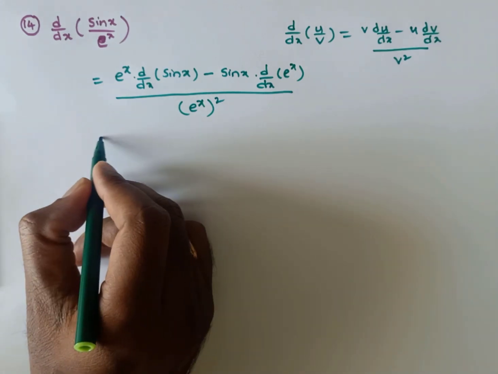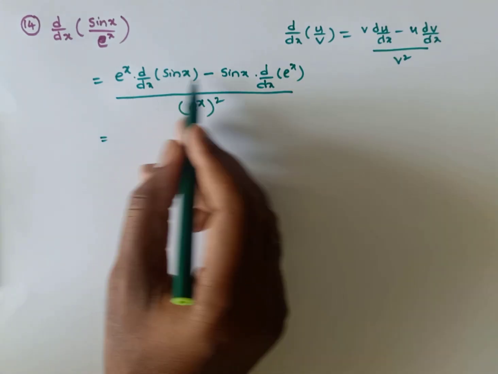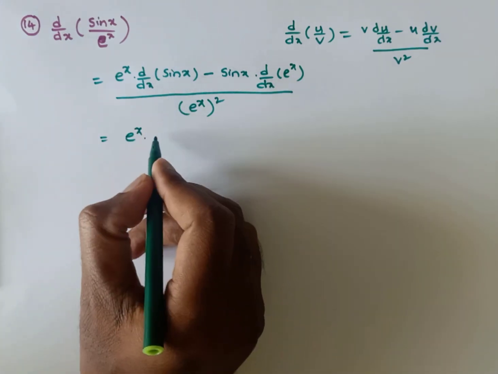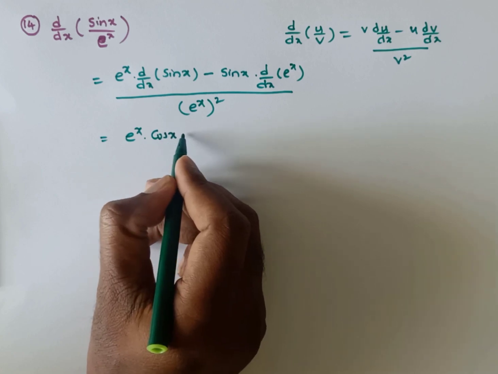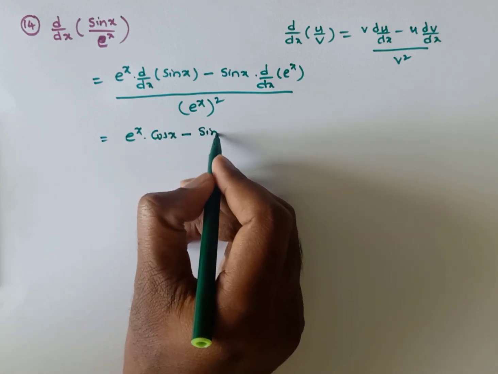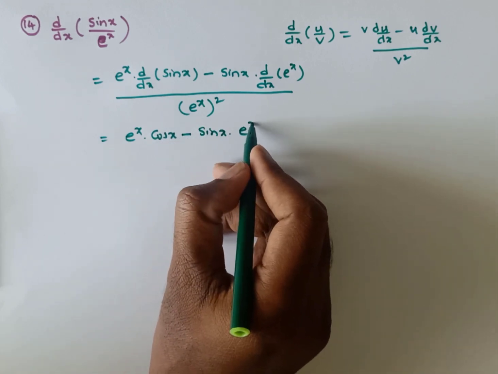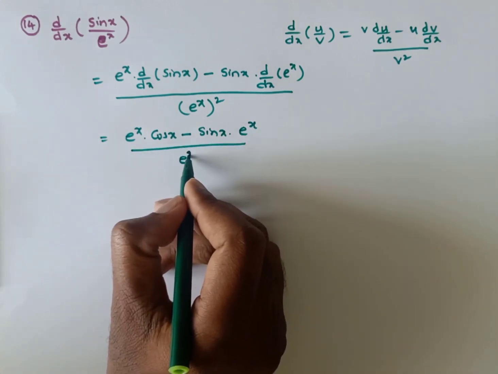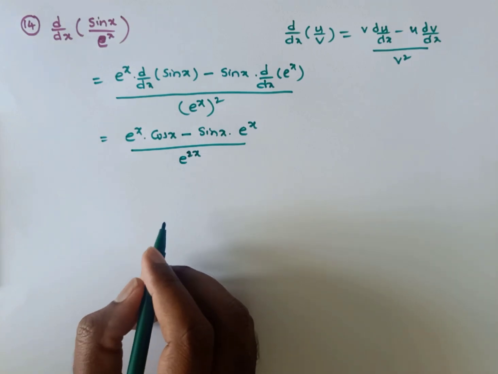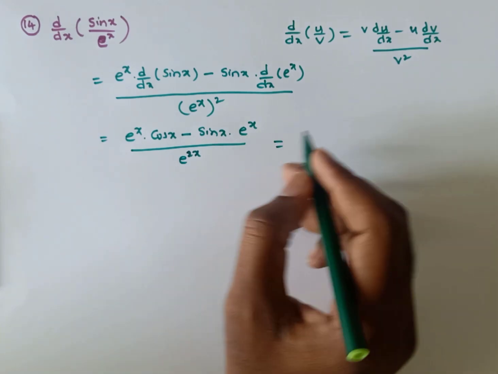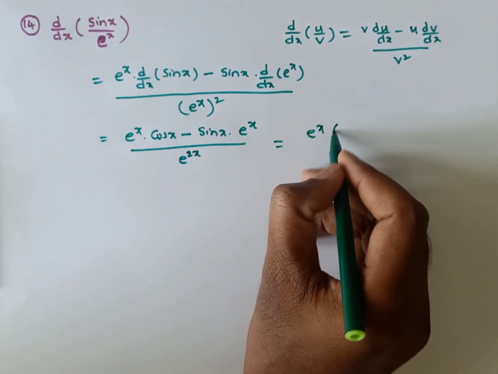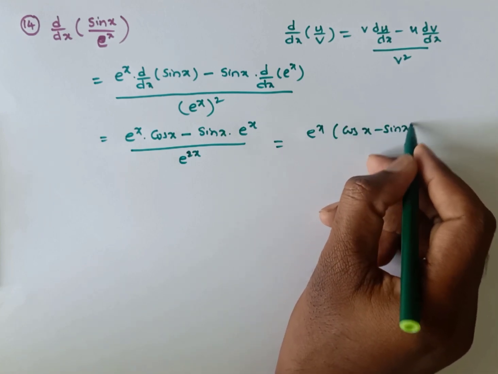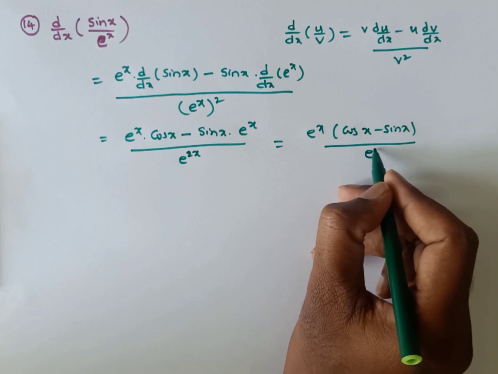So apply this. Once we know this rule, it is enough to know the individual derivatives. So this is e power x into the derivative of sin x, which is cos x, minus sin x into the derivative of e power x, which is e power x, divided by e to the power of 2x. Then we can write it with e power x common. Taking e power x common, we get e power x into cos x minus sin x by e to the power of 2x.